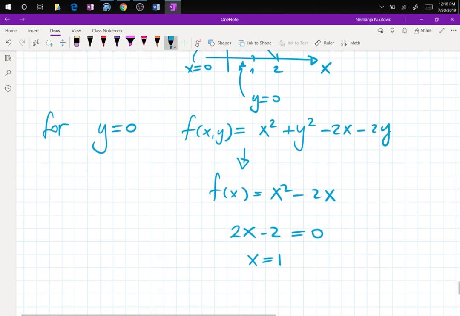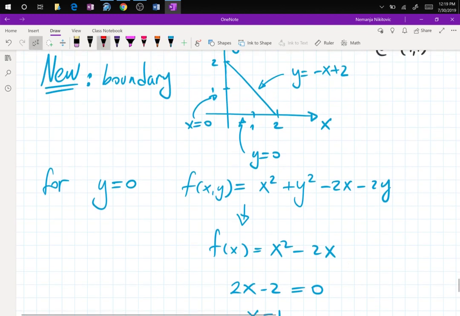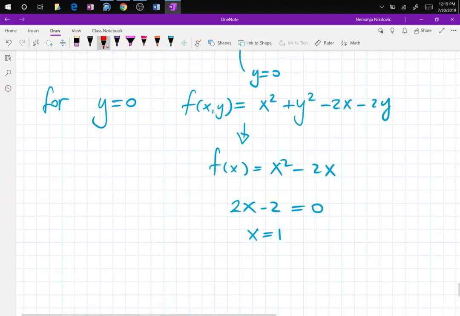Now you plug that in. So there is something happening at x equals 1, along this line here. We also know that y is equal to 0, so I have the point (1, 0).